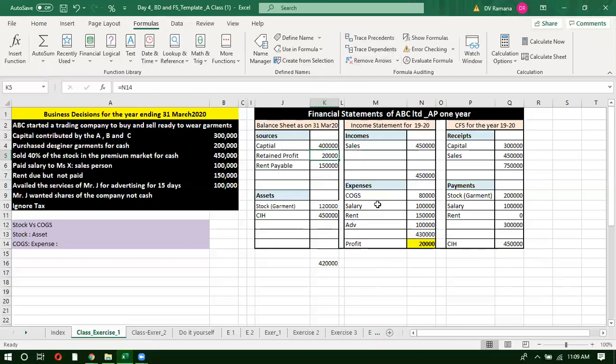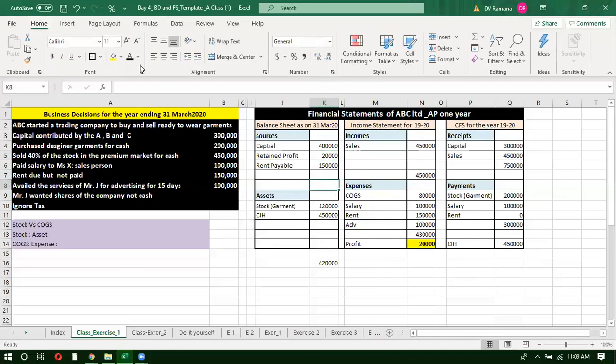Now, since all items are taken care of, the assets should be equal to the sources, and the balance sheet should tally. So we can see here the sources are 570 and assets are 570. And what does the source consist of?